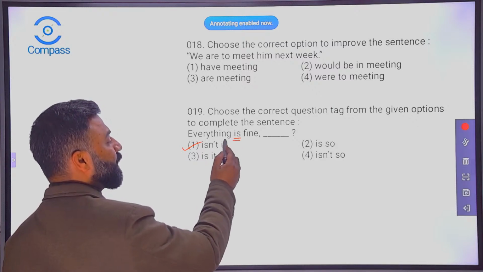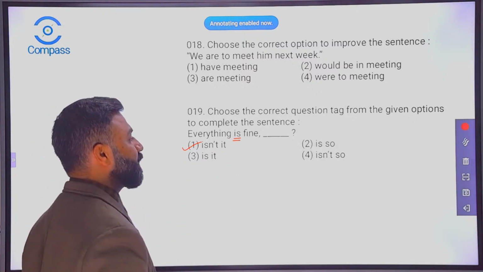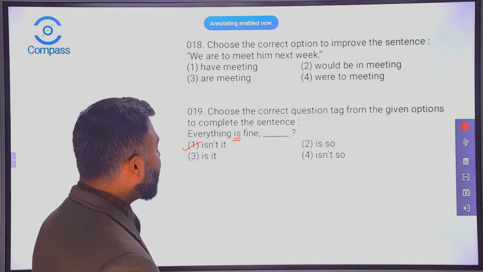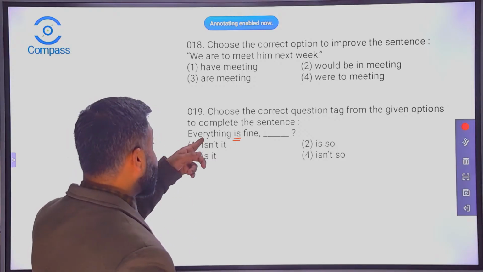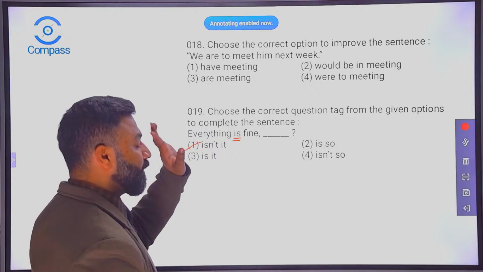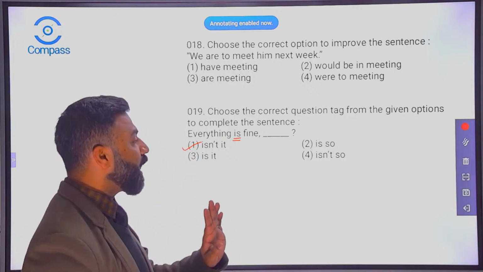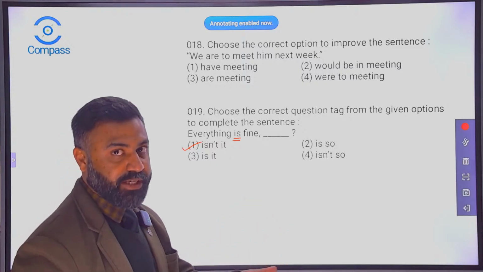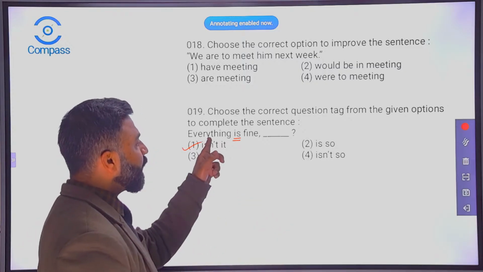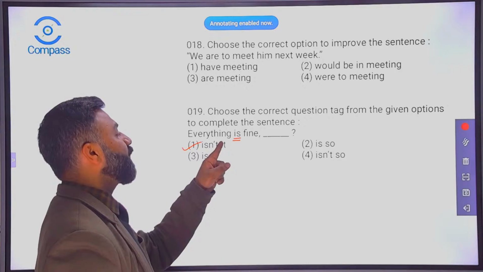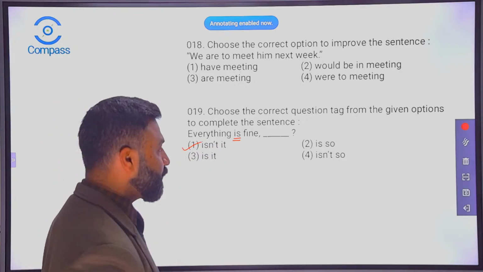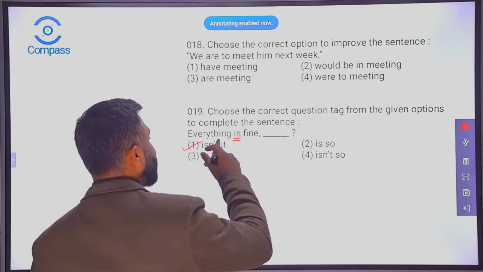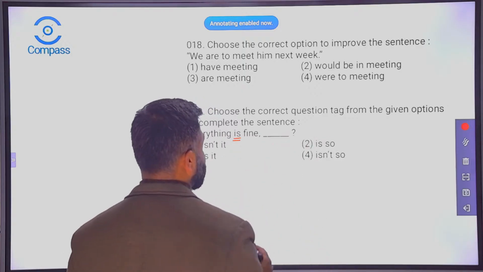So is and then not, isn't. And if I have to replace everything, I will replace it with it. I cannot write down anything else. Isn't he or she or they, we cannot write down. So everything has to be replaced with it. So that's how we got the answer. Everything is fine, isn't it? That's the right answer.